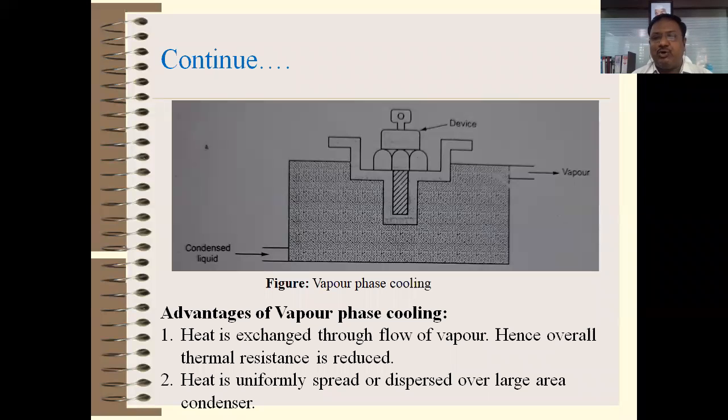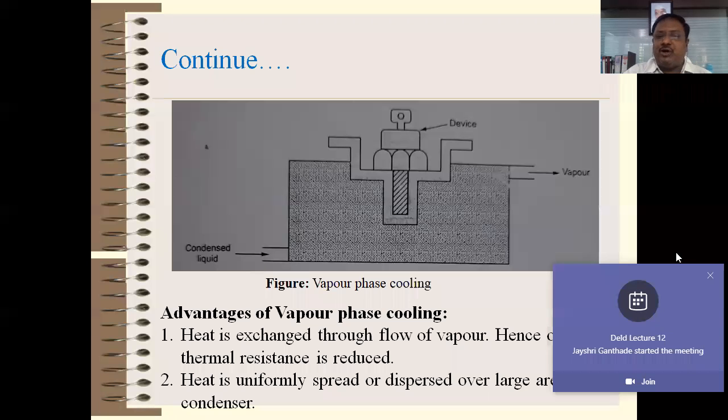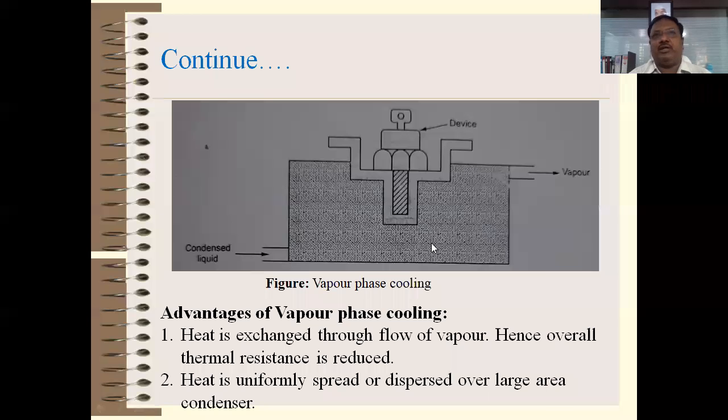That vapor is taken out from the tank and sent to the condenser, which converts that vapor into liquid again and sends it back as condensed liquid, so that the overall temperature of the tank is maintained at 47 to 50 degrees Celsius, and the temperature of the heat sink is also maintained at 50 degrees Celsius. It means that you can maintain the junction temperature of a device and protect your device from damage due to increased temperature.